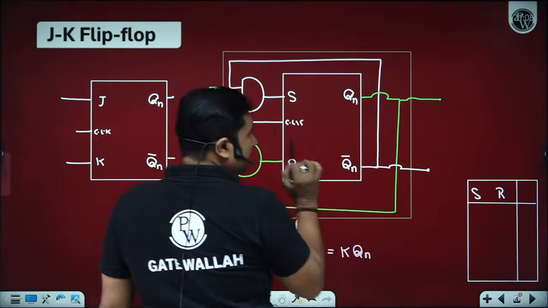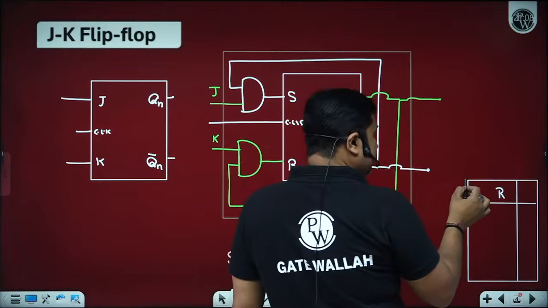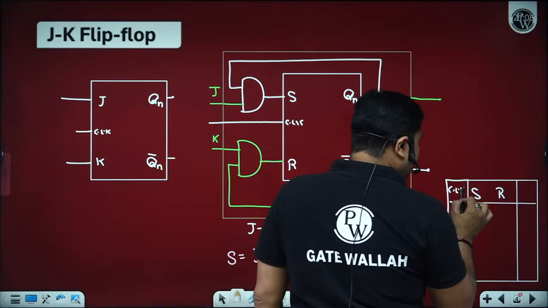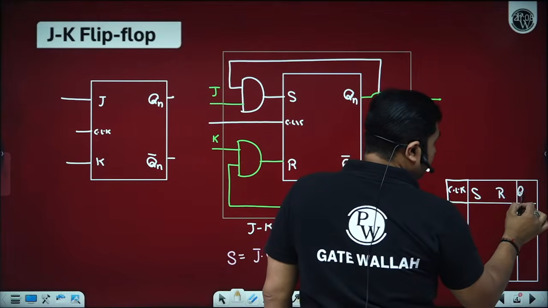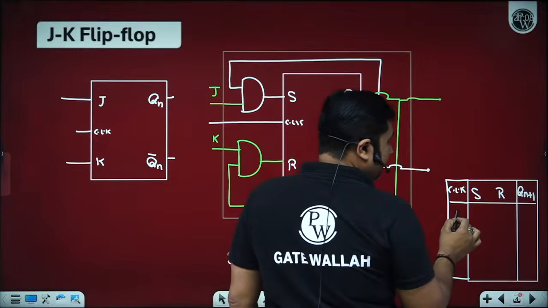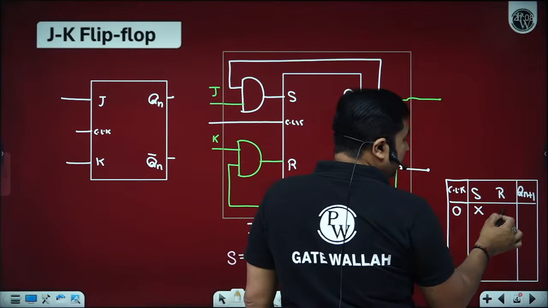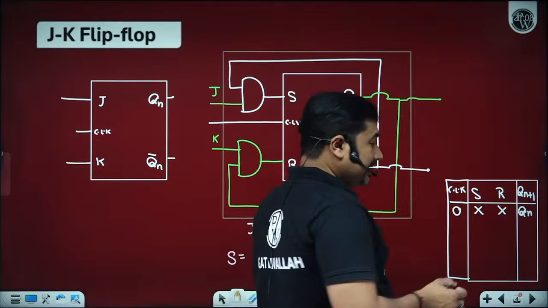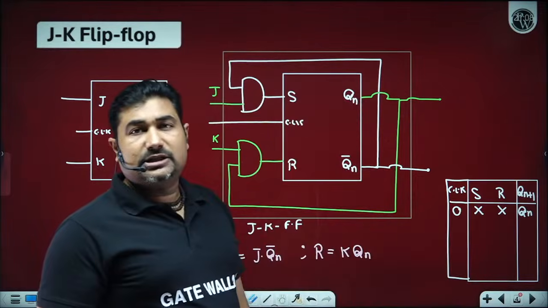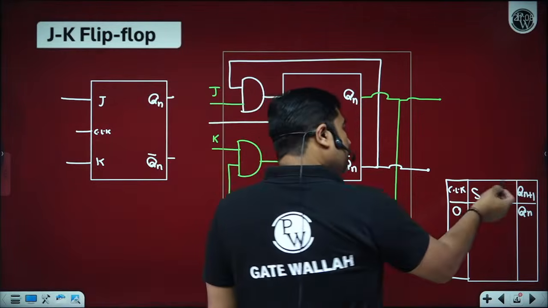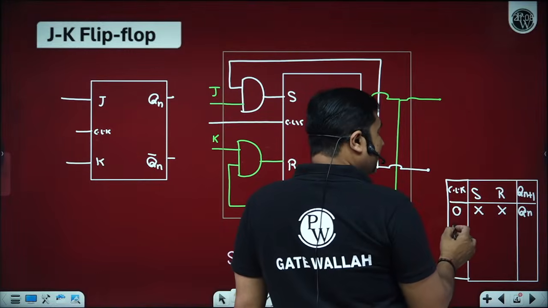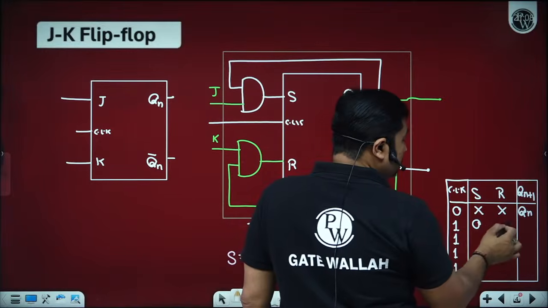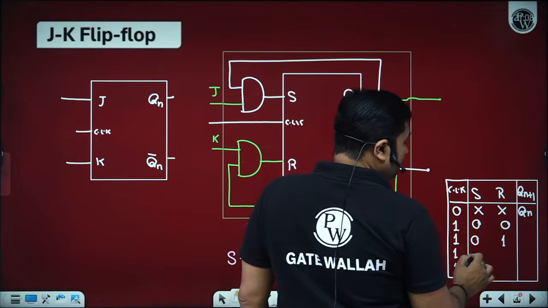If the clock is high, then only depending upon S and R do we have the next state output. In case the clock is low, irrespective of S and R, your next state will remain the same as the previous state. So with a high clock pulse, we have 0 0, 0 1, 1 0 and 1 1.